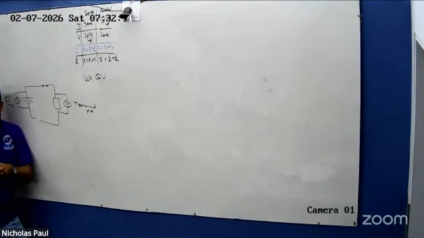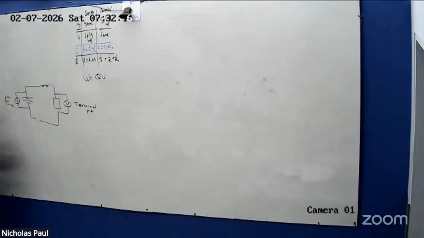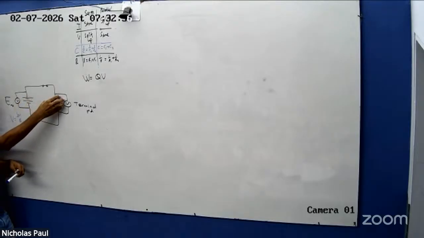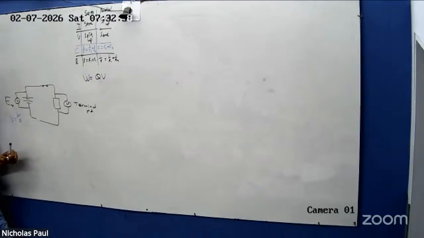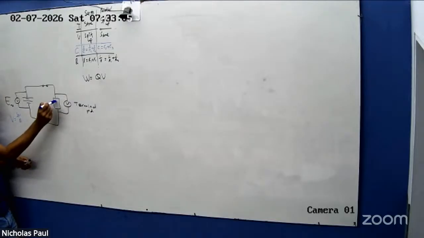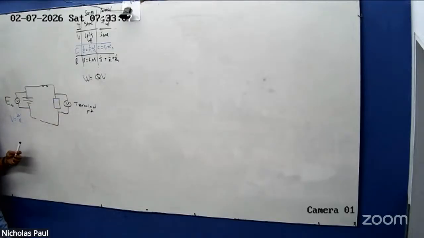Because they both technically carry the same formula, V is equal to W on Q. But the energy change that happens in a cell is different to the energy change that happens in a load. Here, you have chemical energy giving you electrical, and here you have electrical energy giving you some form, heat or something. Are you okay with that?